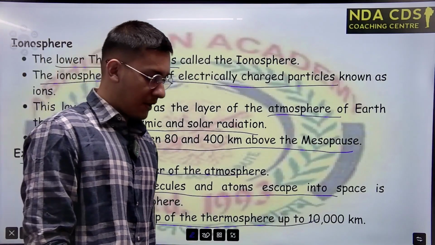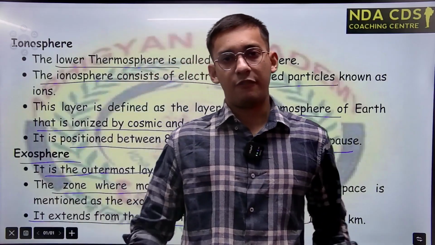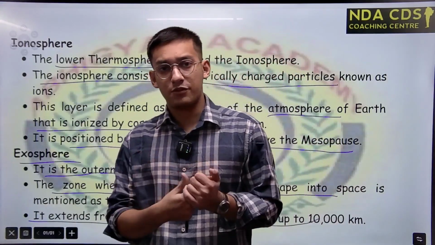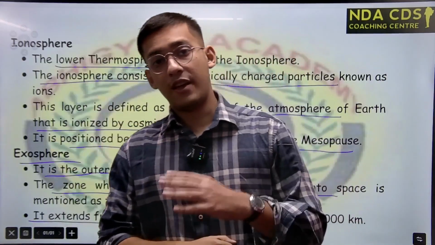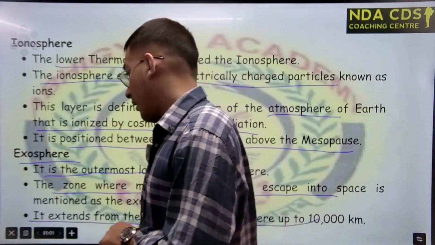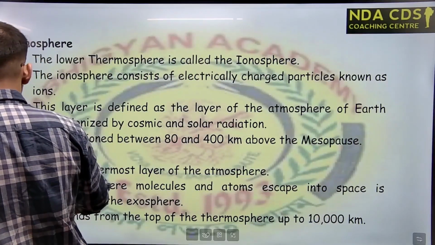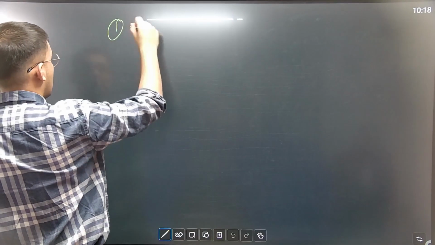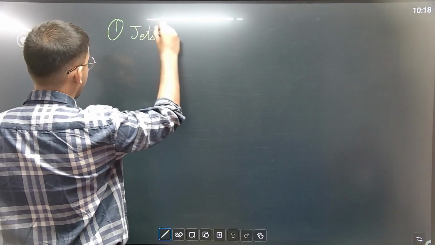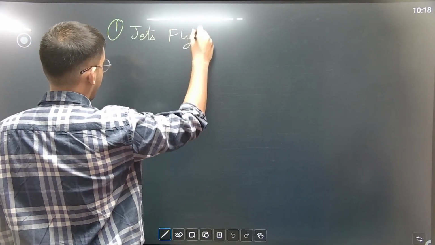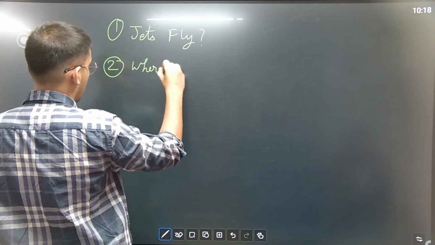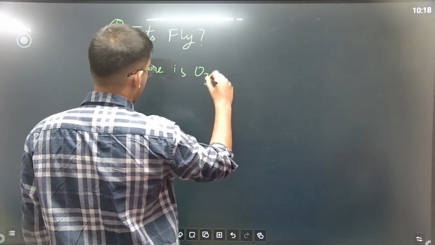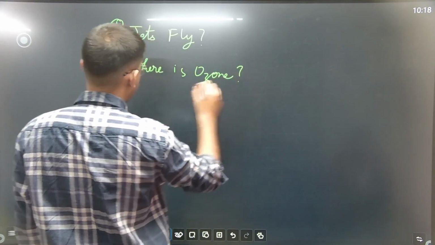So basically, these are the main points of the atmosphere. Firstly, we have the troposphere, stratosphere, mesosphere, thermosphere. Then we can see the ionosphere, and lastly, we have the exosphere. Now, I will do a brief recall of all that we learned. Firstly, we have to remember, where do jets fly? Secondly, where is ozone?